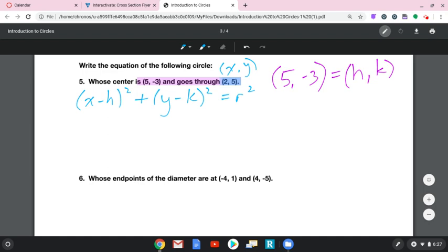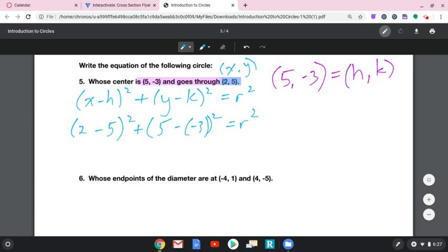So if I plug in my values, I have x minus h, which is 5, squared. But wait a minute, what can I put in for x? I'm going to plug 2 in for x. Plus y, what am I going to plug in for y? 5 minus k, which is a negative 3, squared. And that's going to be equivalent to my radius squared.